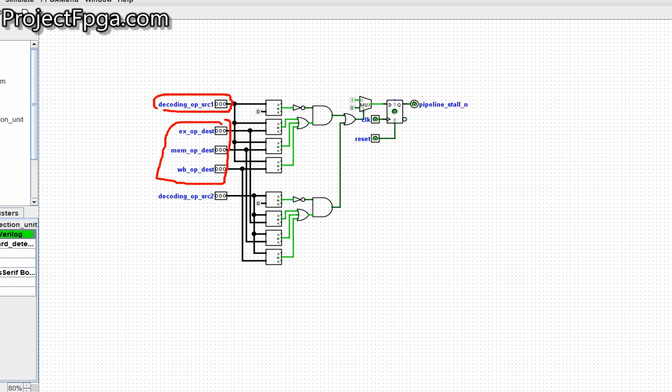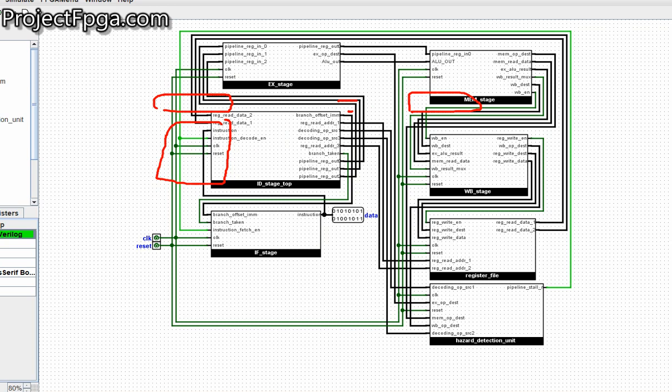Anytime they are equal, it turns it off, else the instruction is always on. This other unit, the pipeline stall, is used to halt the CPU in case of any error. If not, it is on. If we go back here, you can find out that the pipeline stall is what goes to the instruction decode enable. Where is it here? This is it. It goes to our instruction decode enable. You can see it at different places. My battery is low. I'll probably be hanging up now.